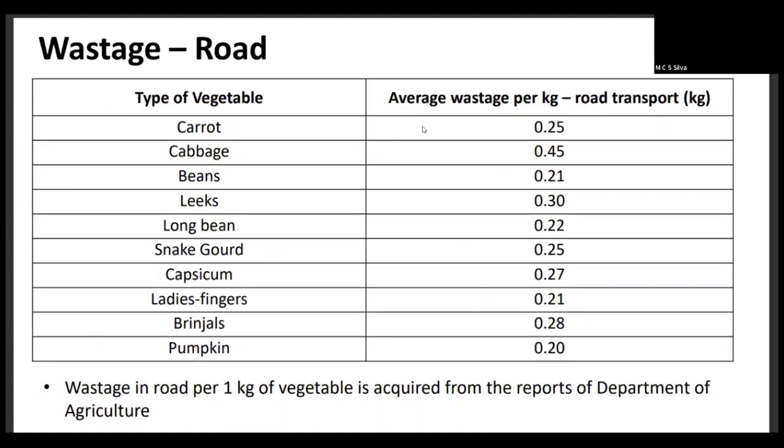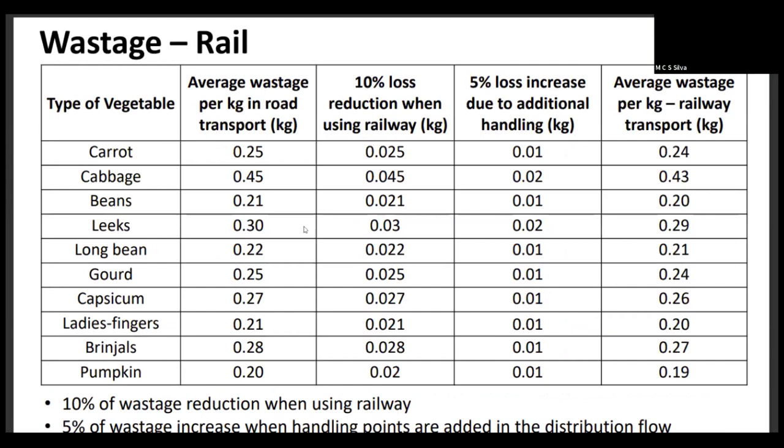This is the average waste per kg when it comes to road transportation. This data was gathered from the reports from Department of Agriculture. So each and every vegetable has a different wastage per kg as shown in this table. When it comes to rail transport, in this table, we have calculated the rail transport wastage.